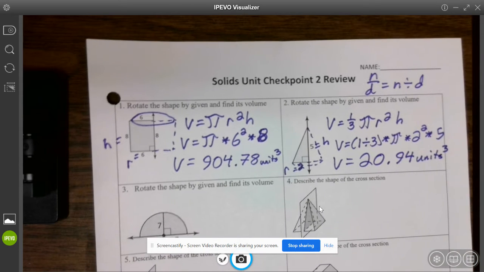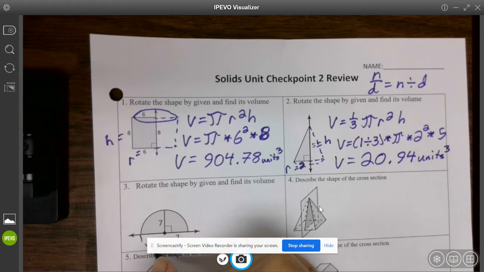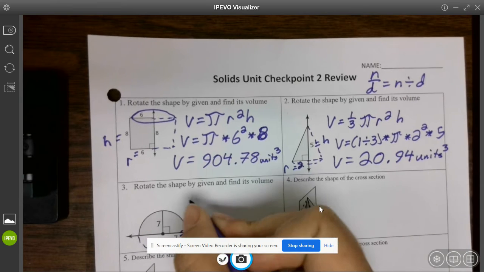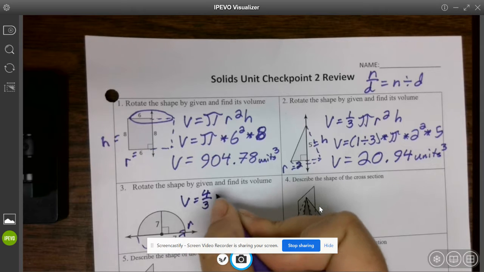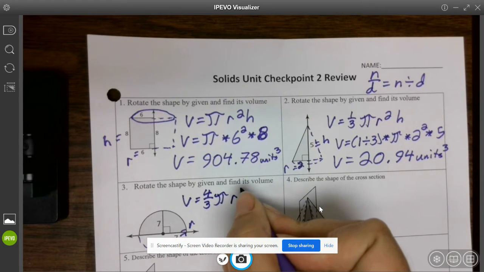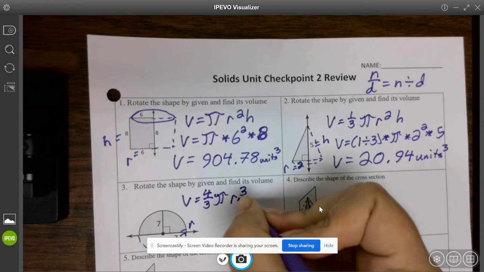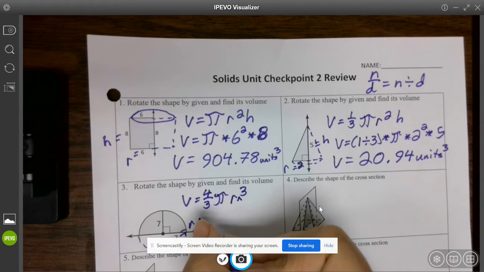It's 3D. Okay, rotate the shape. So this one, everybody, would be a sphere. So that's 4/3 pi. Notice it's the radius cubed, so we raise it to the 3rd power.